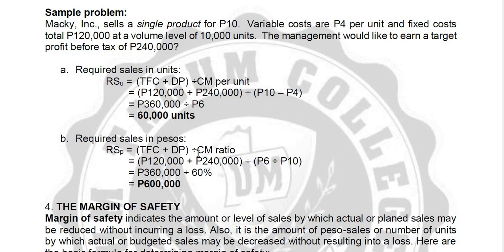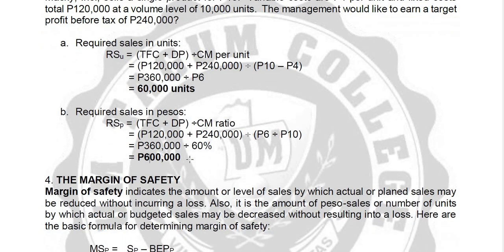Okay, so that's it for the profit planning, no? The targeted sales volume and peso value of your sales, to be able to achieve a certain amount of profit either before tax or after tax.